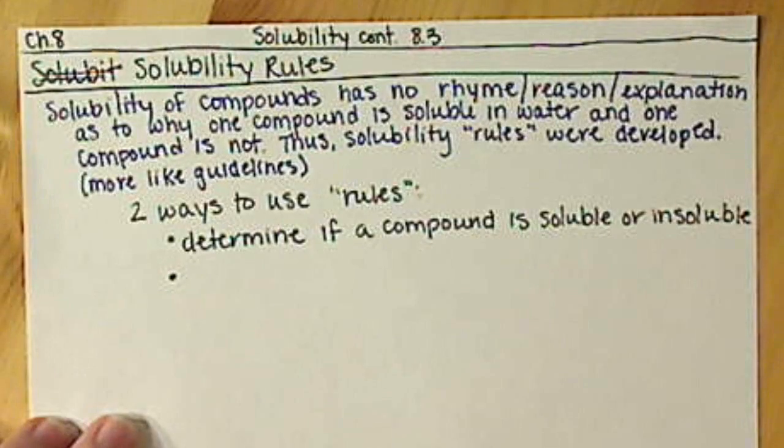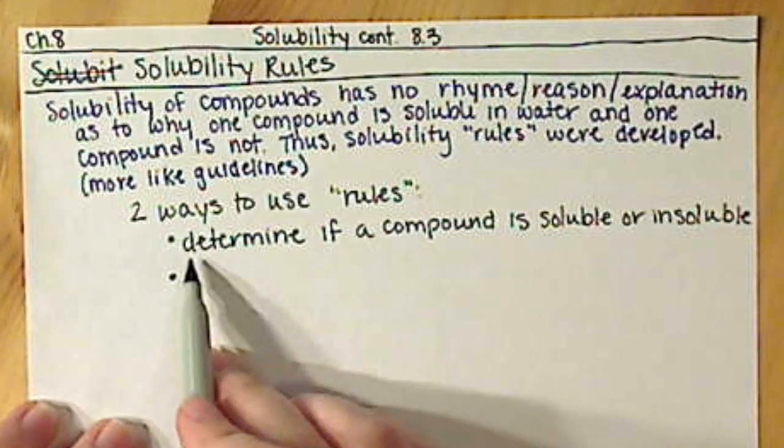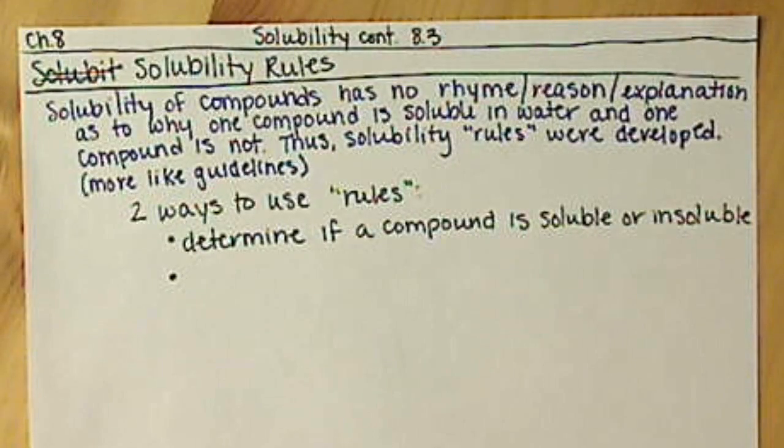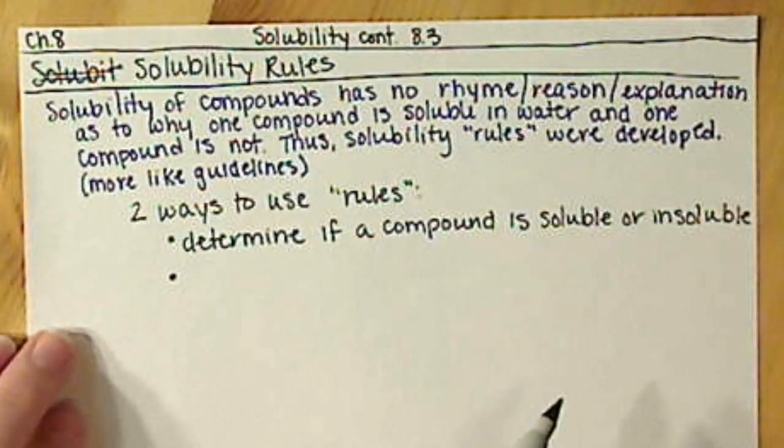The second way is we're still going to use this concept, but we're going to actually determine whether or not a solid is going to form if we combine two different chemicals, two different solutions.